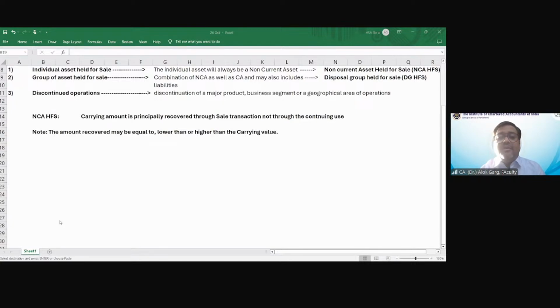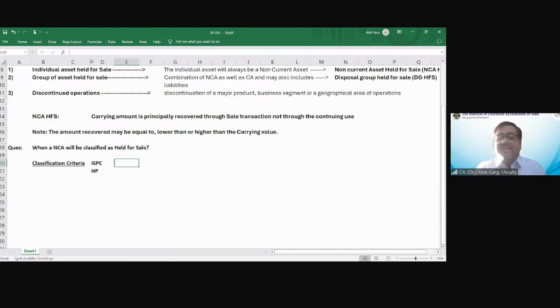So a non-current asset will be classified as held for sale when 2 criteria are met. What are those 2 criteria? ISPC, HP. What is ISPC? Available for immediate sale in present condition. And what does this condition reveal? This condition shows the availability for sale, which depends on intent and ability.